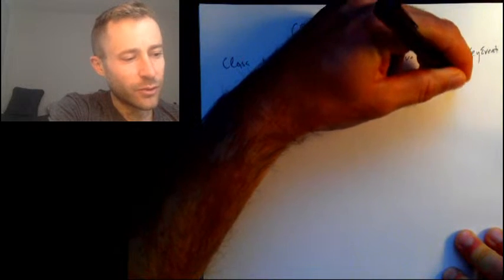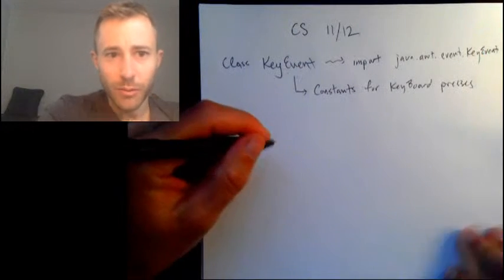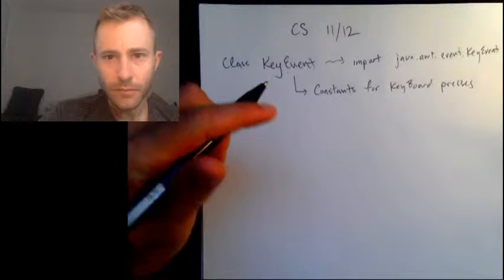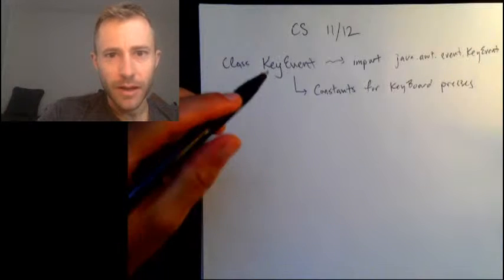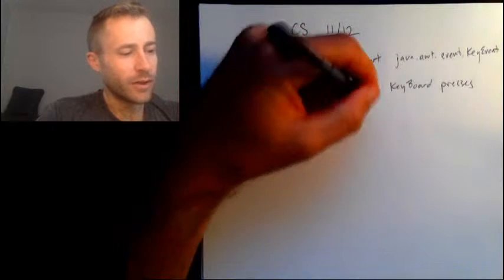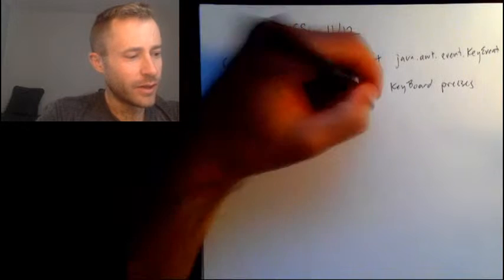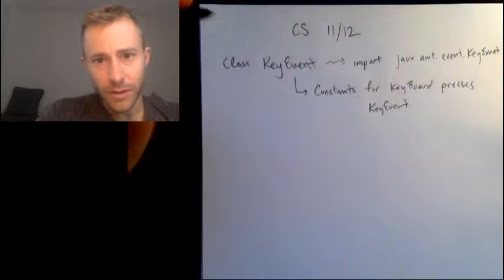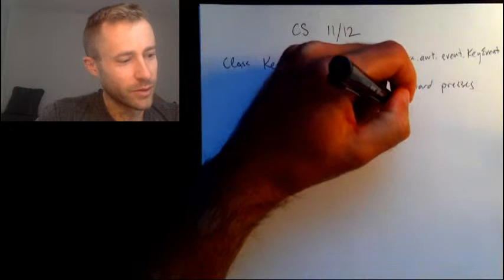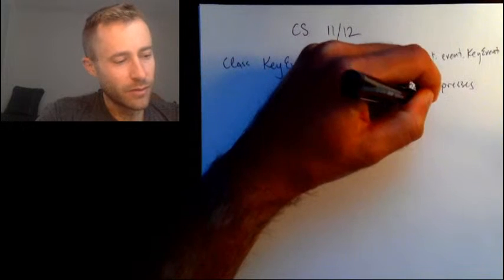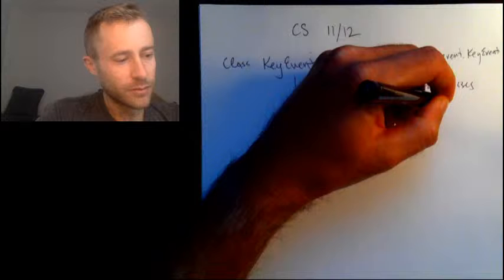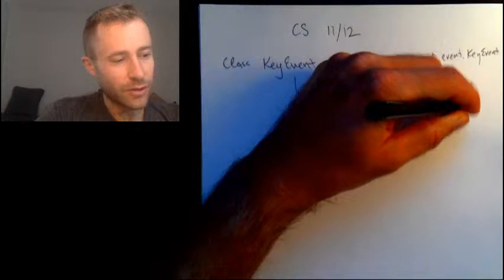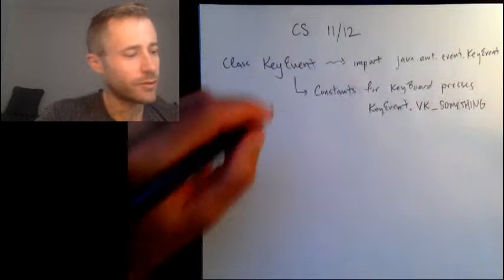So they were VK underscore something. You had to do KeyEvent because they're static constants of the KeyEvent class. So it's KeyEvent.VK_something, and that's the code for different key presses.